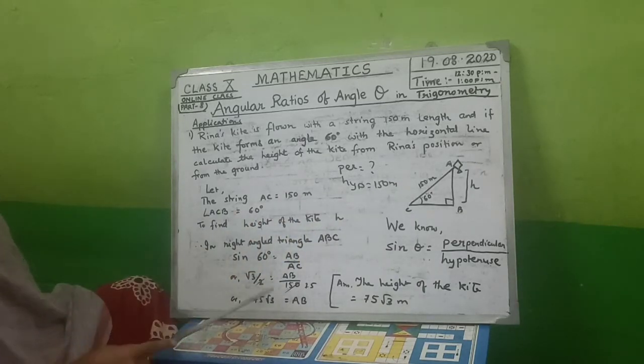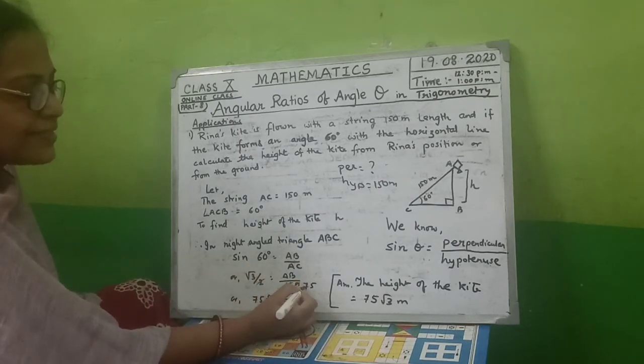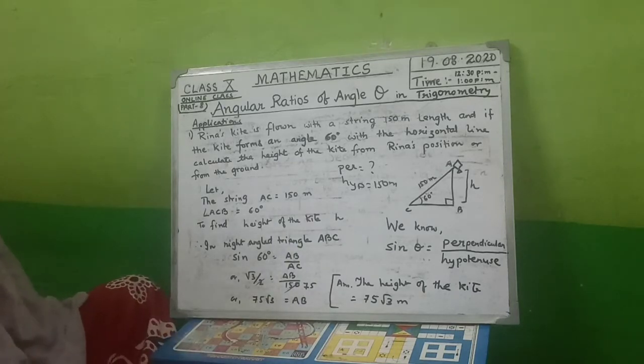We'll just put. Now, since there is an equal sign and both are at dividing position, we will cut the denominators. If you cut 150, it is coming to 75. Now, what we are getting?